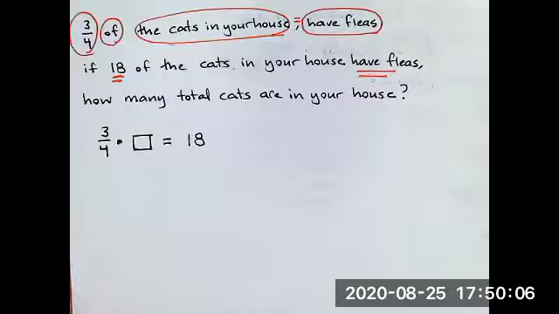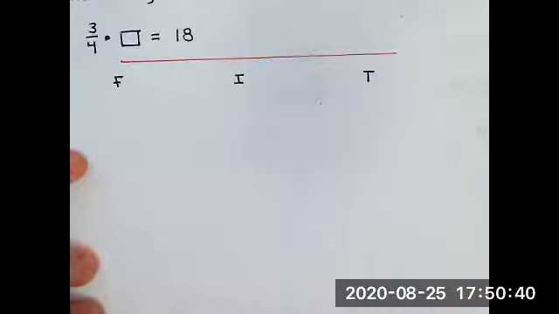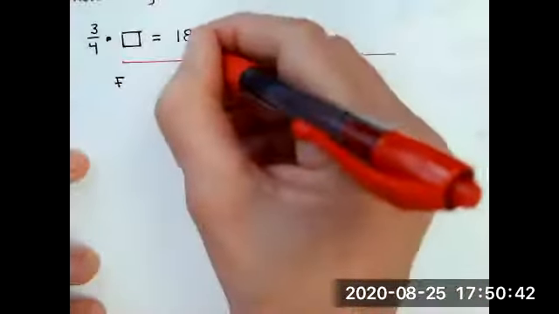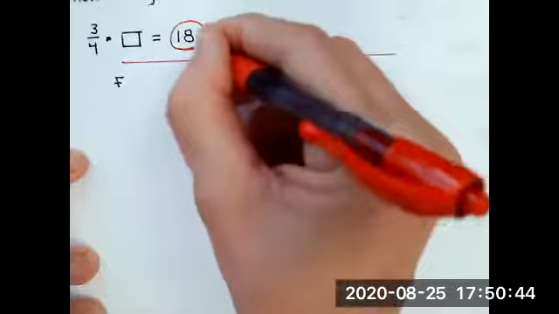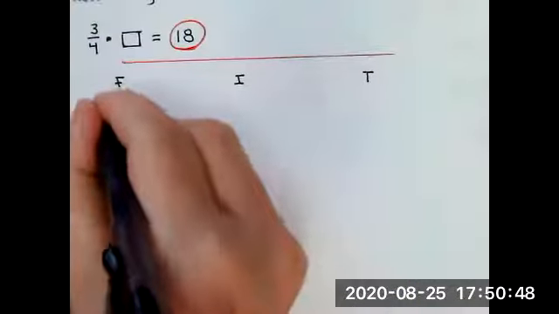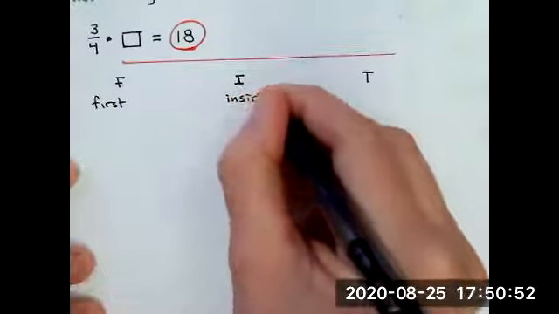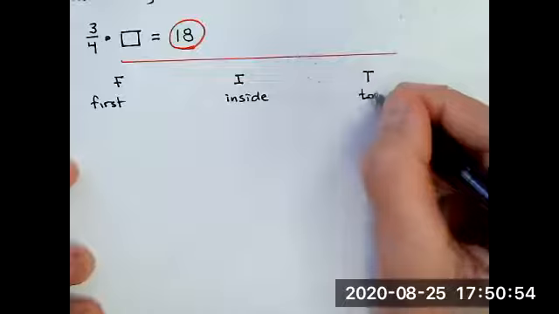And let's go back and review the 3 ways of writing a division. All right. So this refers to the number that's being divided. It either goes first, inside, or on top.